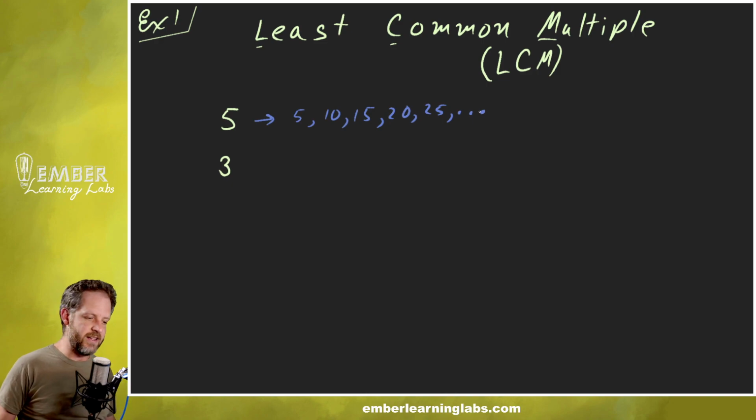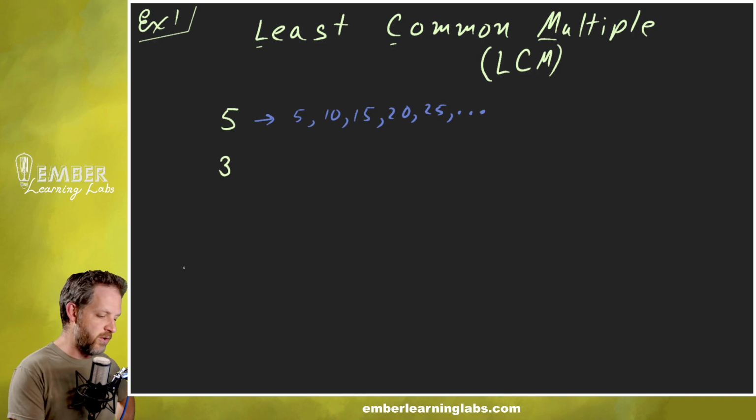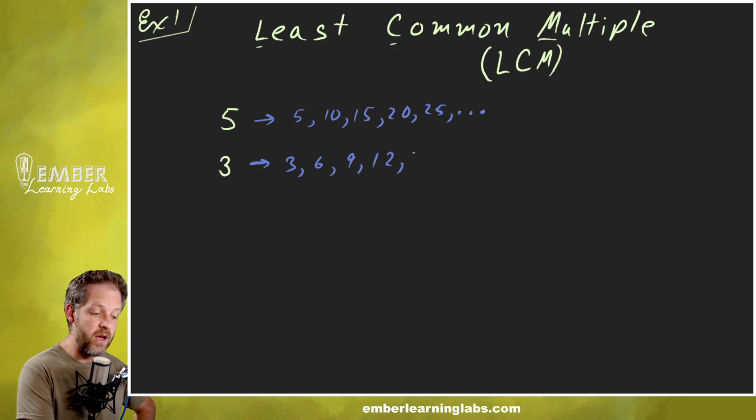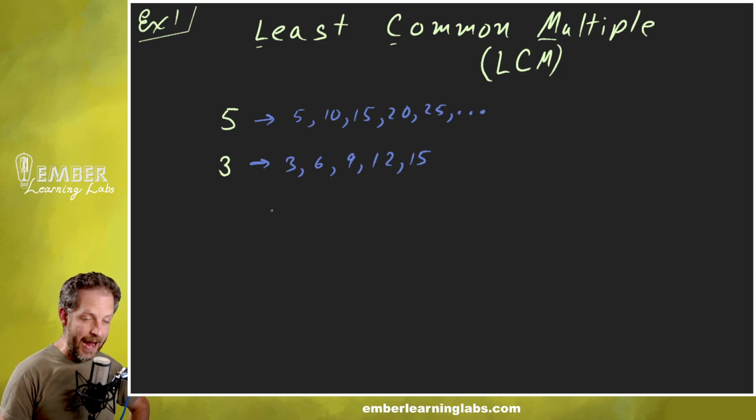The multiples of 3 would be 3, 6, 9, 12, 15. Look, we already found one that's in common, and that happens to be 3 times 5. It won't always be that way. We'll see some examples where it isn't.